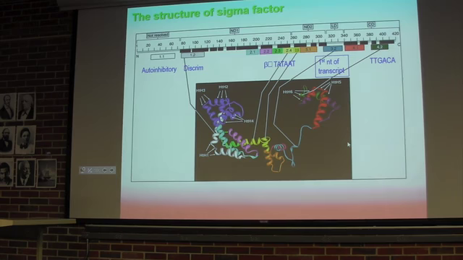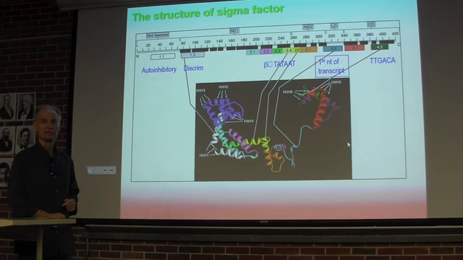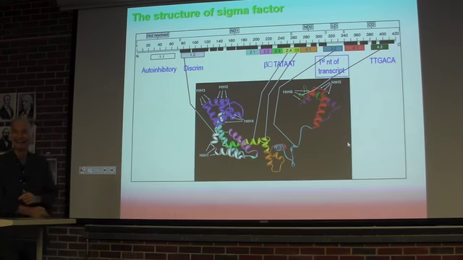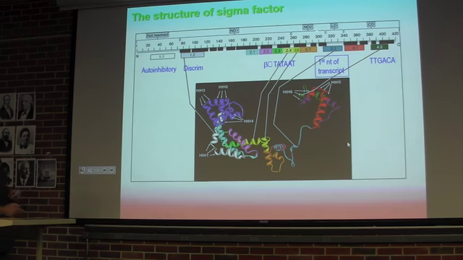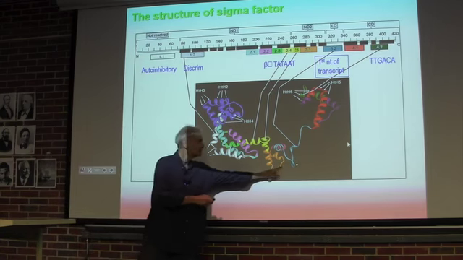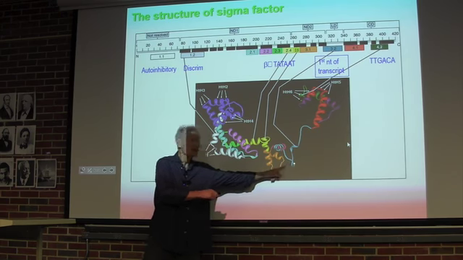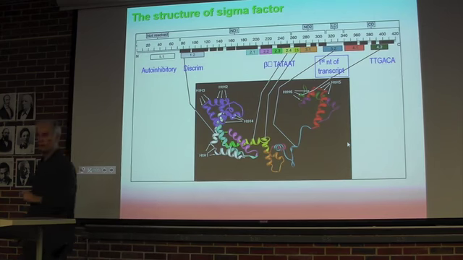Okay. So let's look at even more detail of sigma. Okay, so see that little thing there? That little loop there is what pokes in the RNA exit pore.